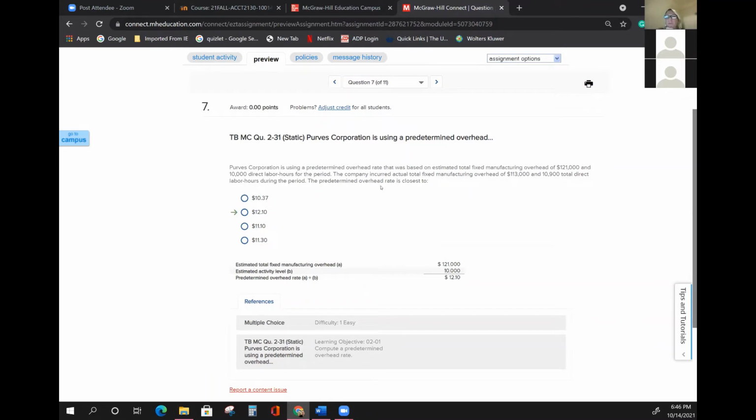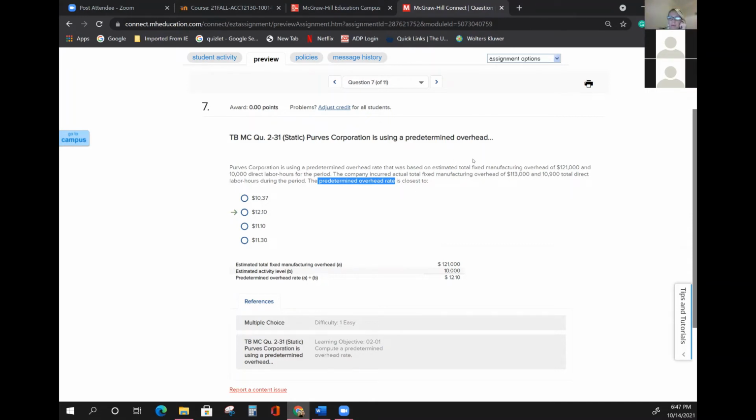The predetermined overhead rate is closest to... what is it asking me for? Right here, it's saying predetermined overhead rate. So remember, that is always estimated. We're not going to use actual. They're telling me what the actual is, but I'm not going to need it because I need to know the estimated in order to come up with my predetermined rate.